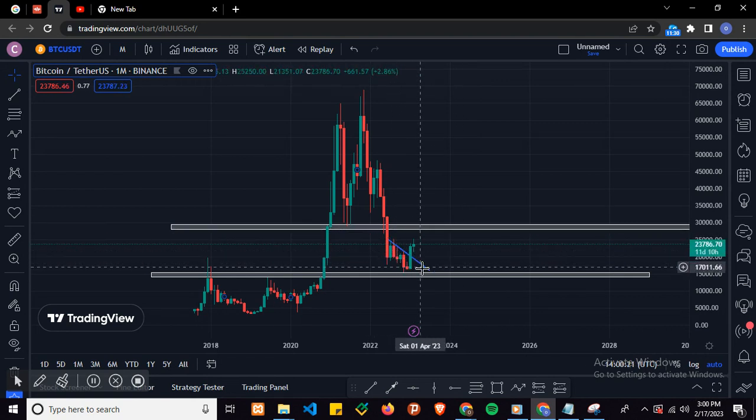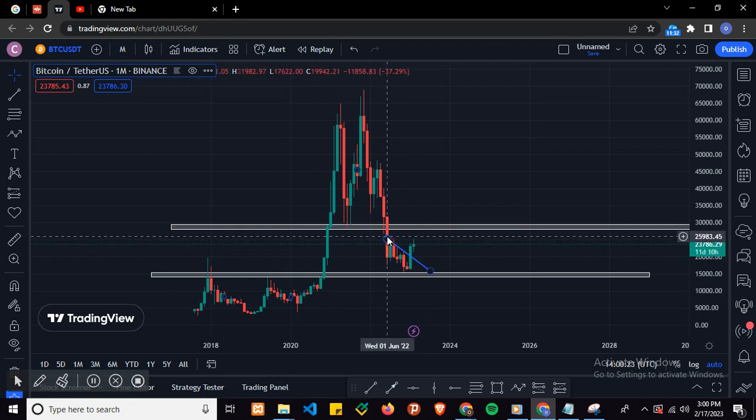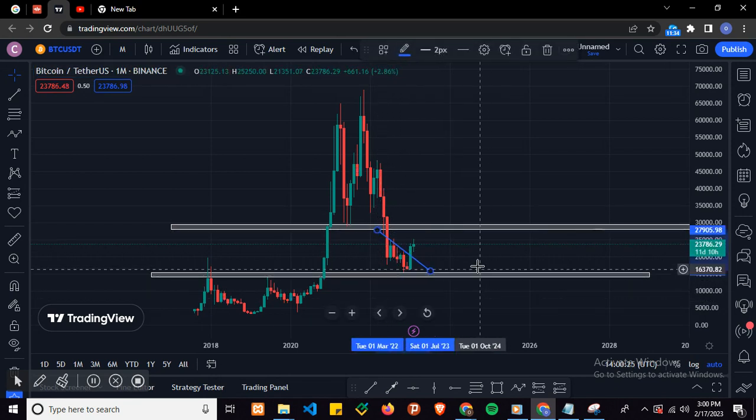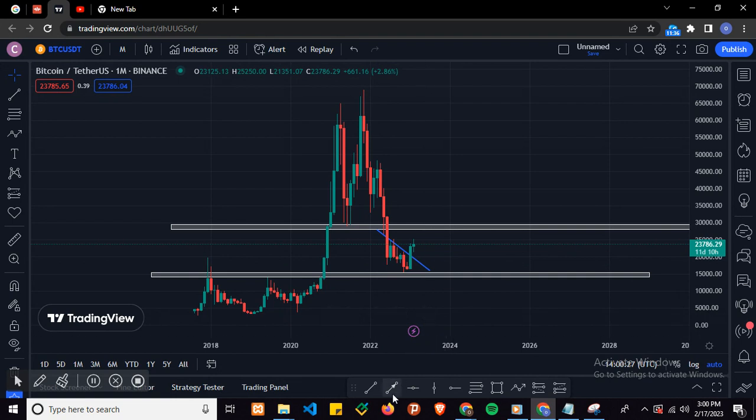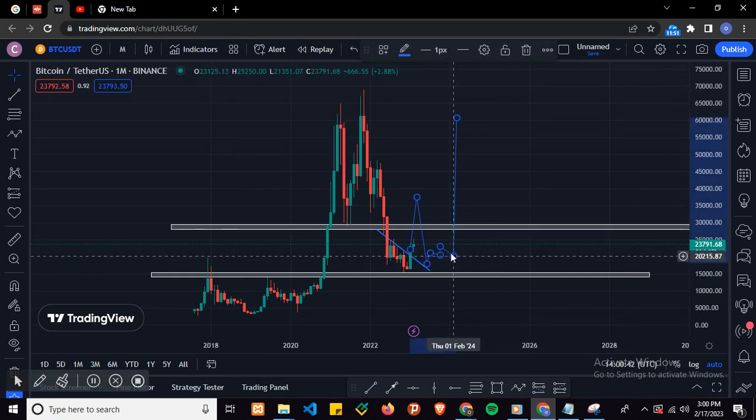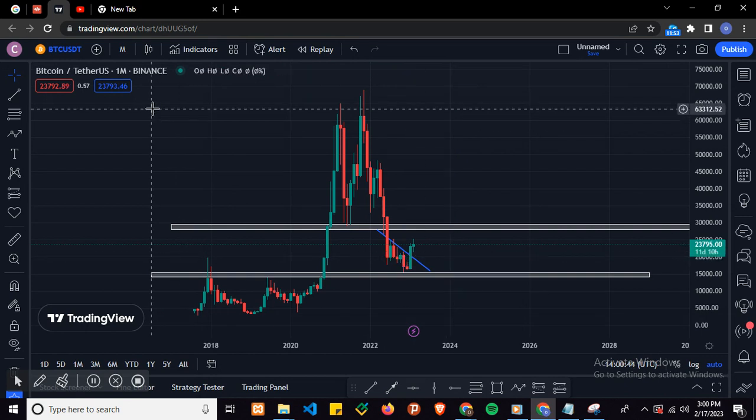We have a trend line breakout on the monthly time frame. So let's see what's going to happen. Maybe it's going to form something like this. Come back, retest, then consolidate a little, then shoot up. But very soon we'll still see $60,000.